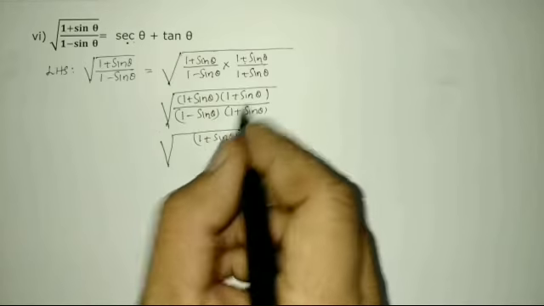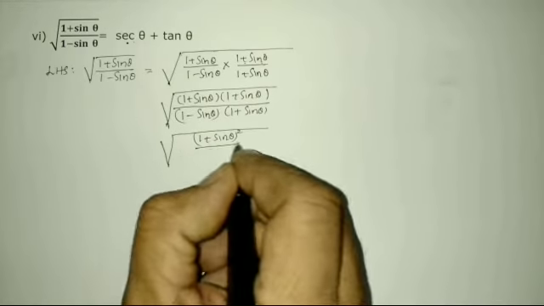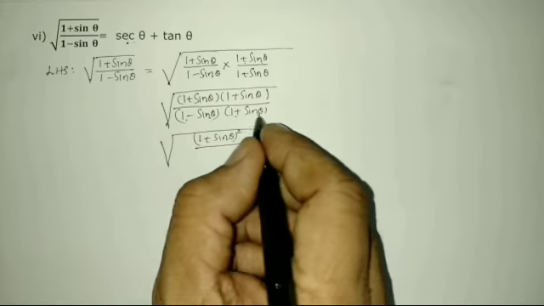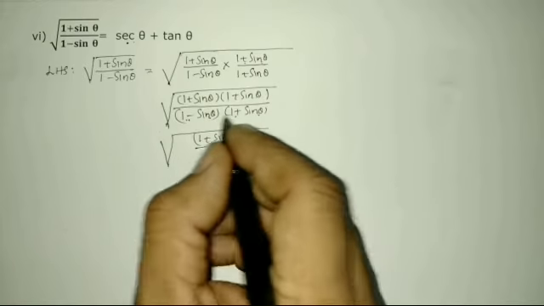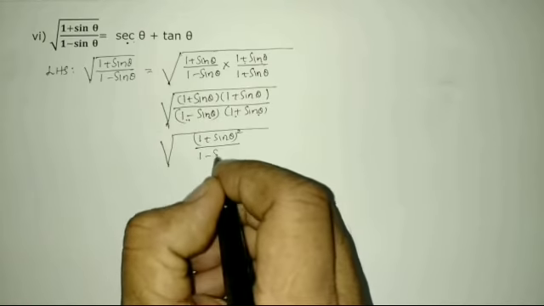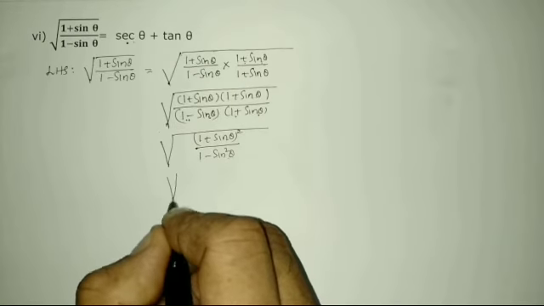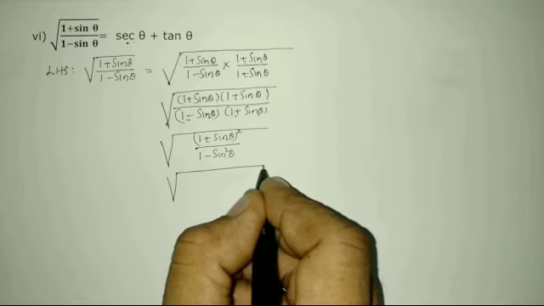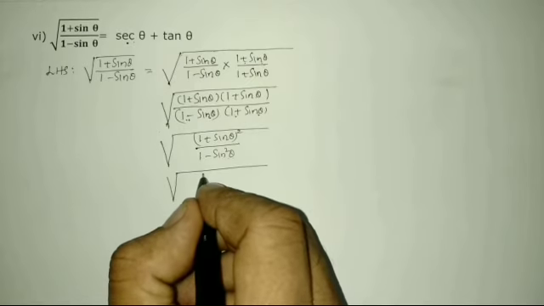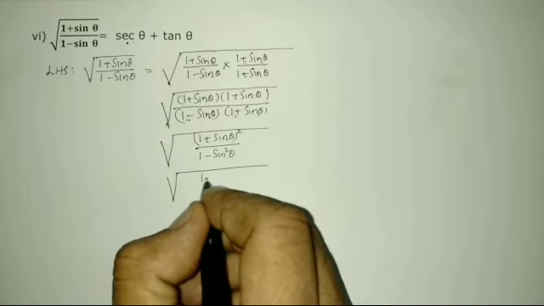A plus b into a plus b, whole square, by 1 minus sin theta into 1 plus sin theta, a minus b into a plus b, a square minus b square, 1 minus sin square theta. We have a relation with respect to sin theta and cos theta. Sin square theta plus cos square theta equal to 1. Cos square theta equal to 1 minus sin square theta.